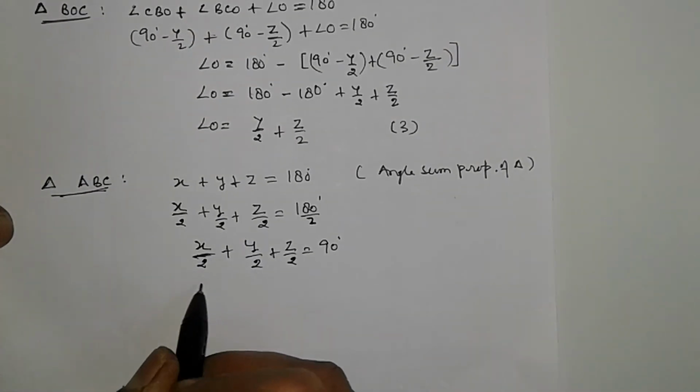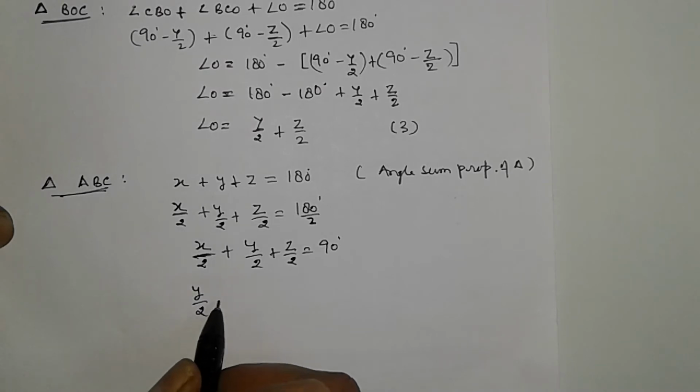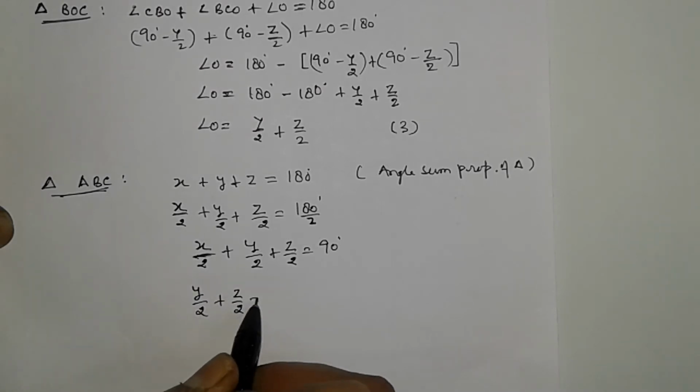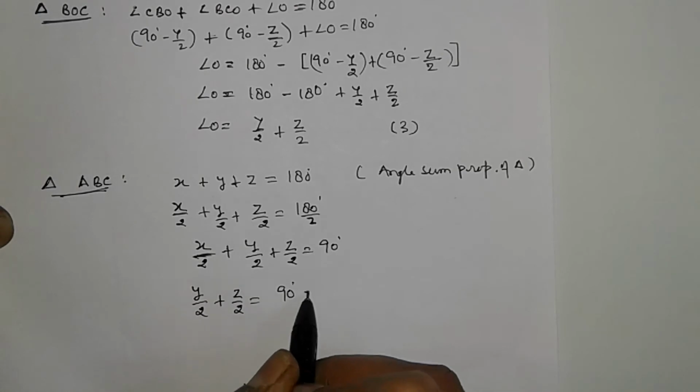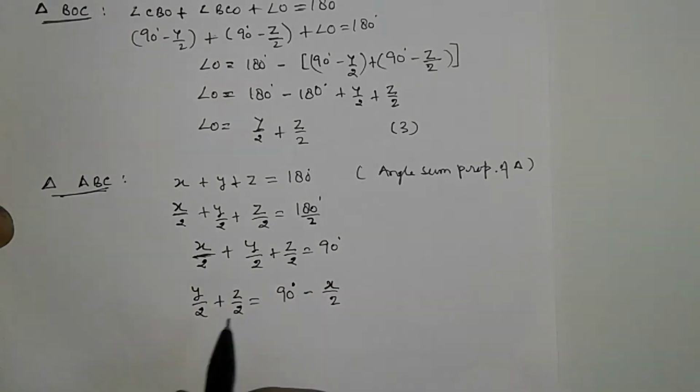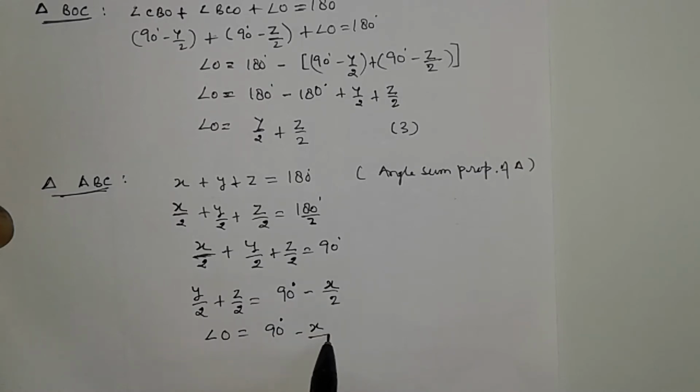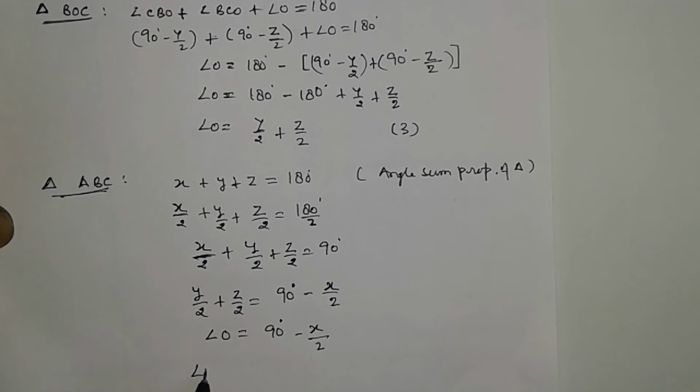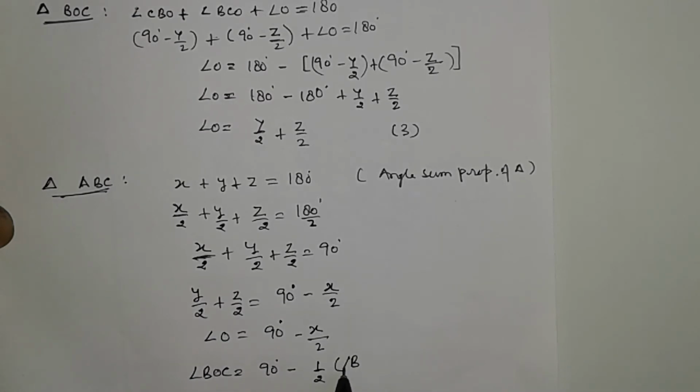Now y by 2 plus z by 2 is equal to 90 degrees minus x by 2, and z by 2 plus y by 2 is angle O. Now put the value: angle BOC is equal to 90 degrees minus half of angle X, which is BAC. So hence proved.